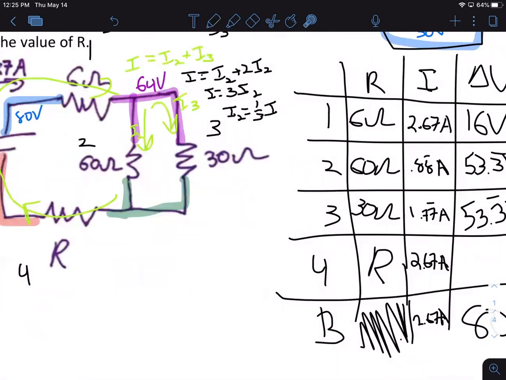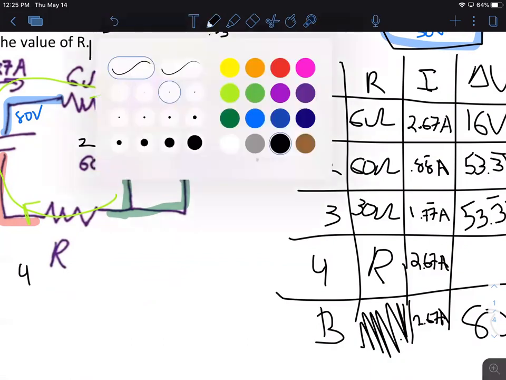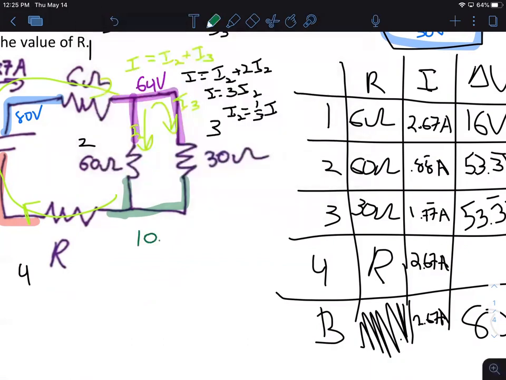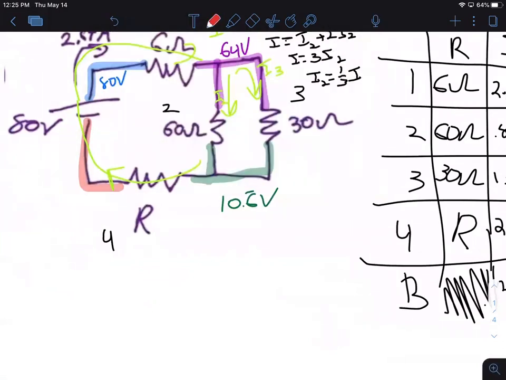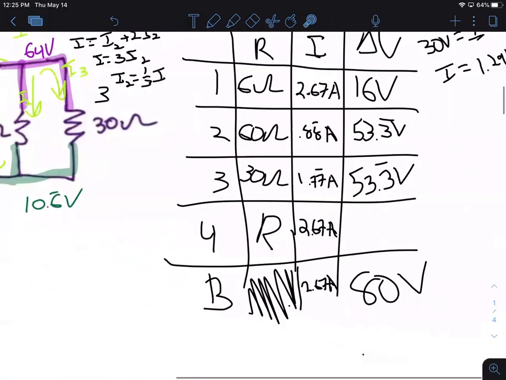So if I had 64 changed by 53.3 repeating, I end up on the other side with 10.6 repeating volts. So now I can figure out R, taking it from 10.6 down to 0.